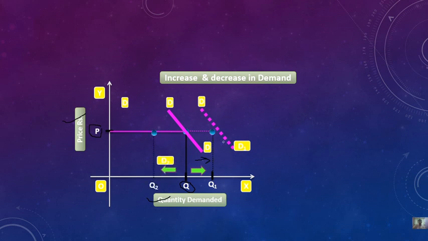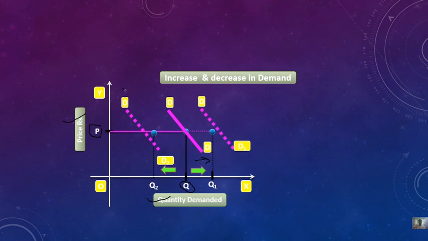Next, at the same price, demand decreases from Q to Q2 because of unfavorable changes in factors which determine demand other than price, that is, decrease in demand.